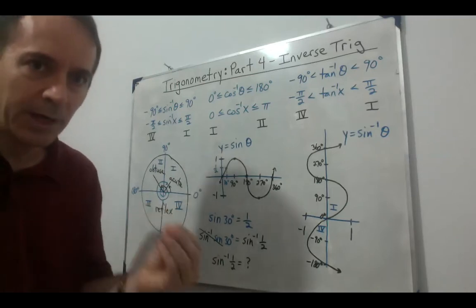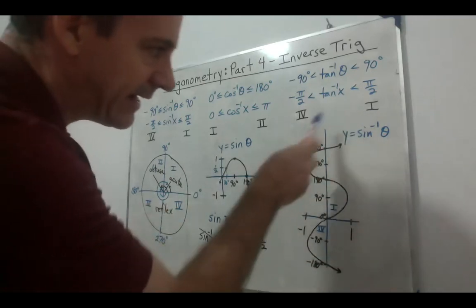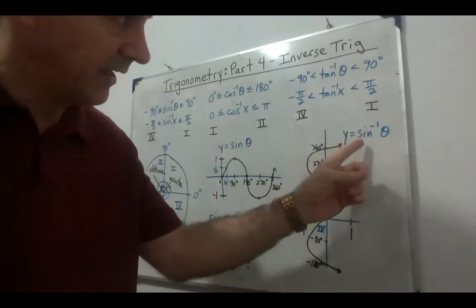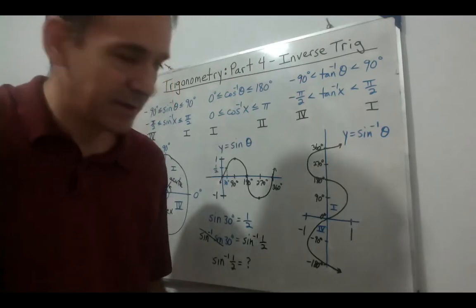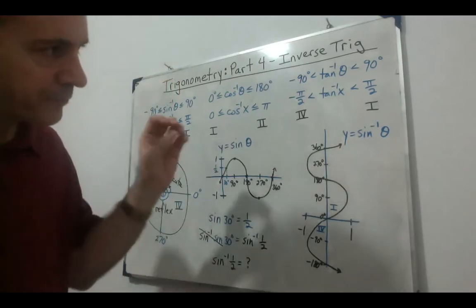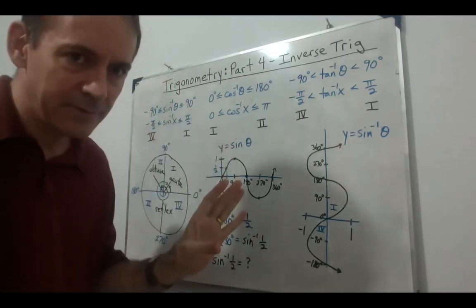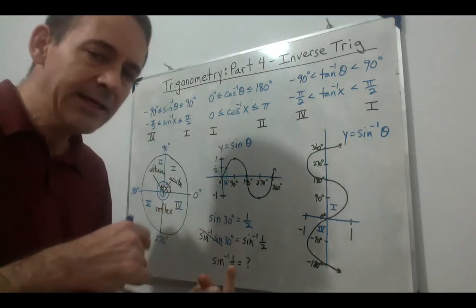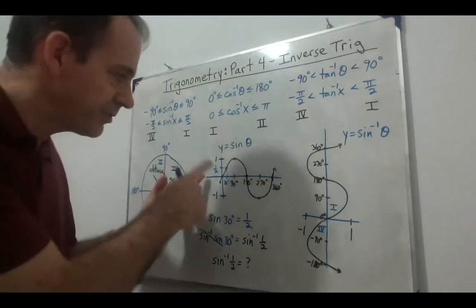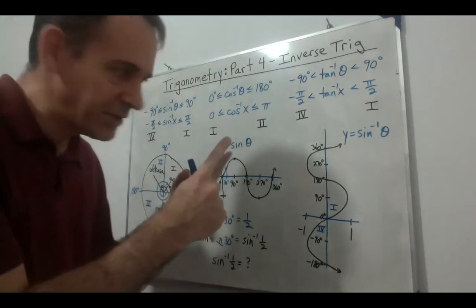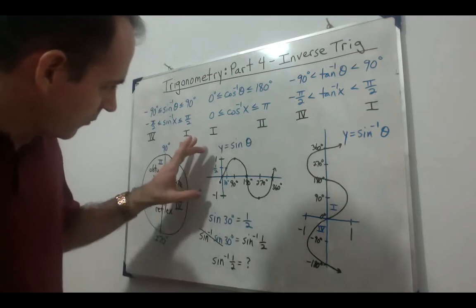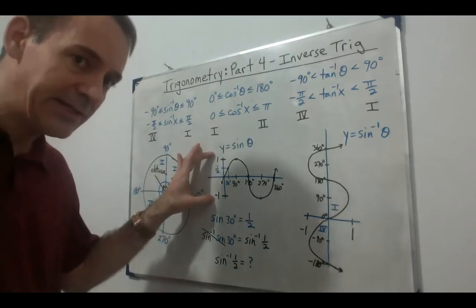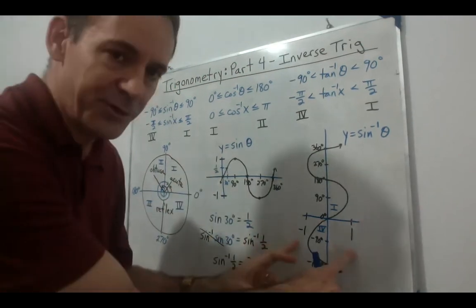Yes, but if we look at an inverse graph, the y equals inverse sine of theta graph, we now have a different situation. Remember, your domain and range from the original function switch on the inverse function. So our 1 and -1, which was the range, now become the domain.